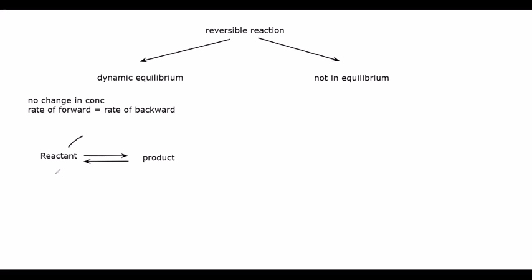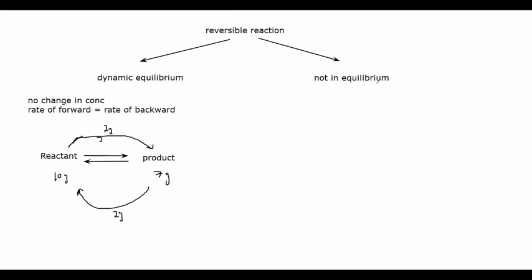Example, if originally you had 10 grams of reactant and 7 grams of product, but out of 10, if 2 grams is forming a product, at the same time 2 grams of product will form back the reactant. So what is the overall change in amount of reactant and product? There is no change in amount of reactant and product.